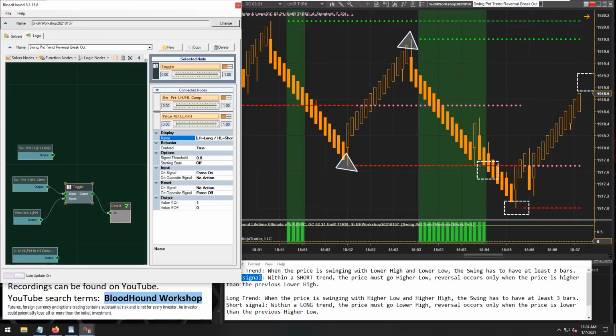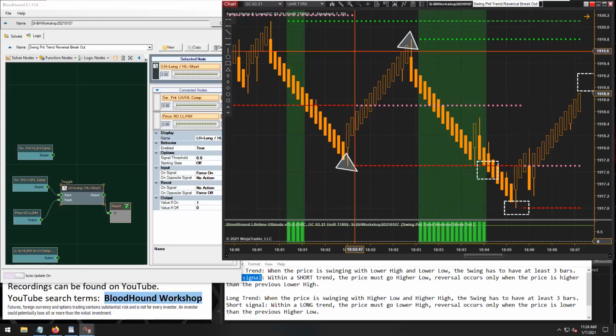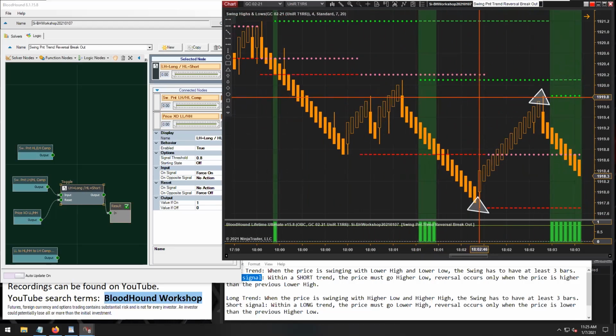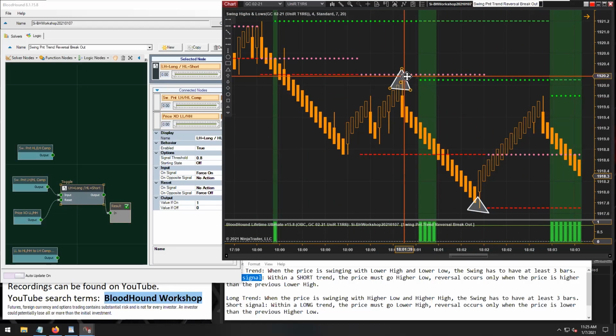So when a lower high is detected, we're going to get a long output from it, right? And we can see that here in lots of places. This is a lower high compared to this higher high.